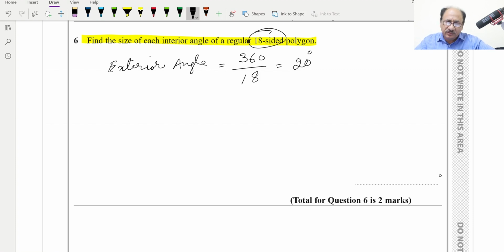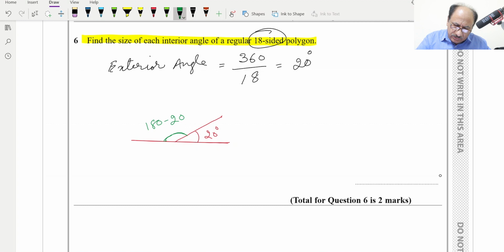Now we can understand from here that the exterior angle is 20. It means from here this angle is 20 degrees, and we need the interior angle, which is this one, which will be 180 minus 20 degrees, and this will be equal to 160 degrees.